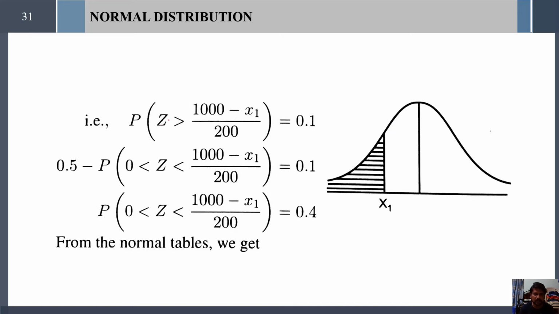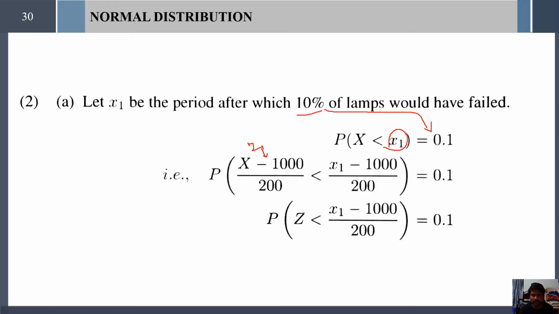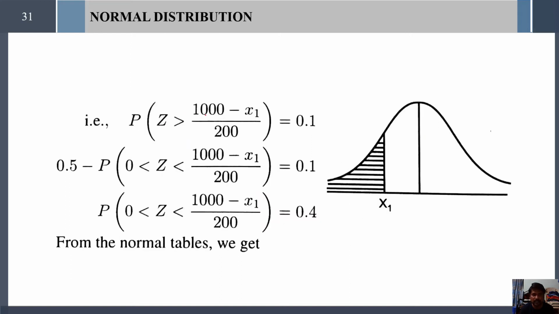By using the symmetry property, this can be written as the probability of z greater than (1000 minus x1) divided by 200, that is, 0.5 minus the area between 0 and that value, which equals 0.1.